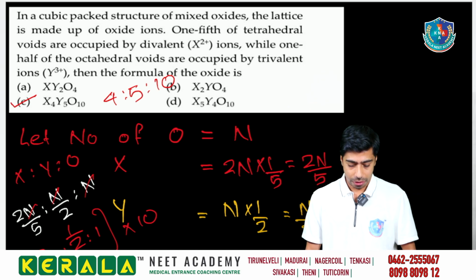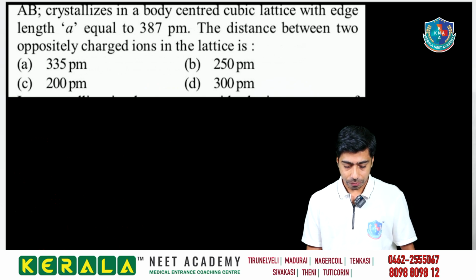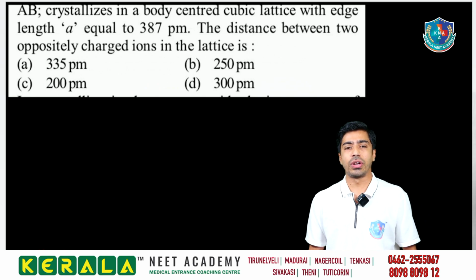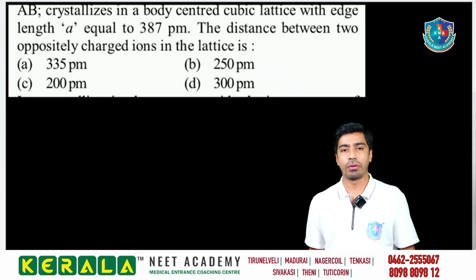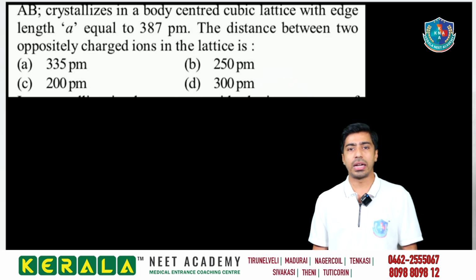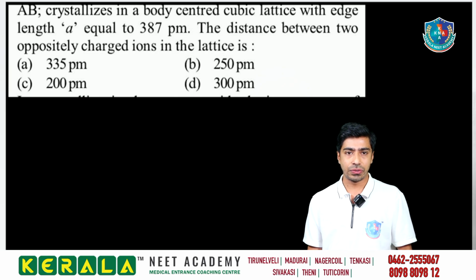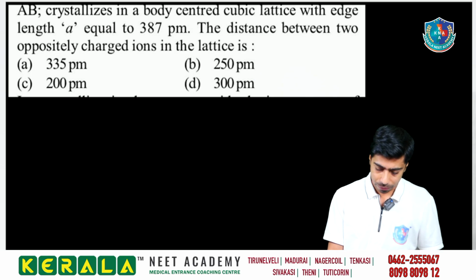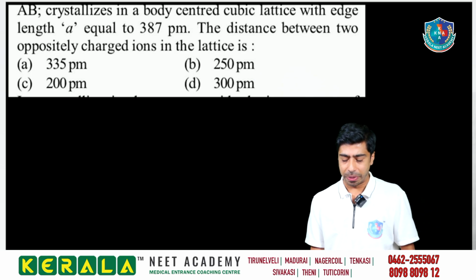Okay, now we'll move on to the next one. AB crystallizes in a body-centered cubic lattice with an edge length of 387 picometer. The distance between two oppositely charged ions in the lattice is. Now here it's a question based on body-centered cubic, BCC.